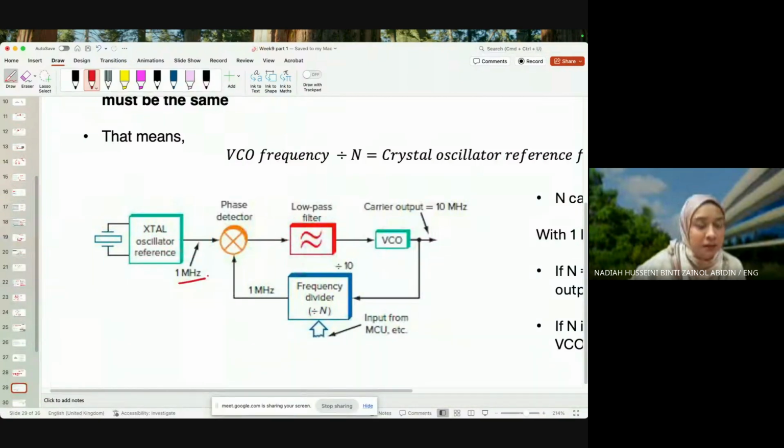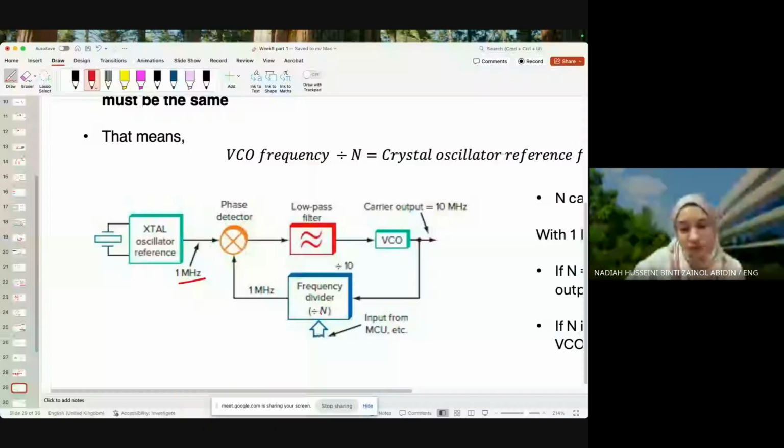This crystal oscillator frequency is fed into the phase detector, and then it passes through a low pass filter, LPF, which produces a voltage that controls the VCO. The VCO produces a frequency, and the frequency goes through a frequency divider.